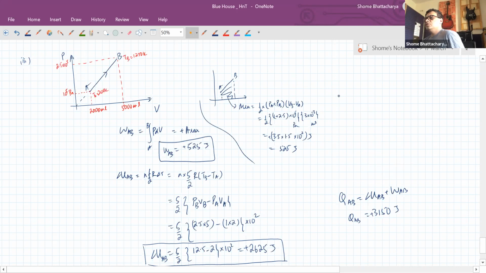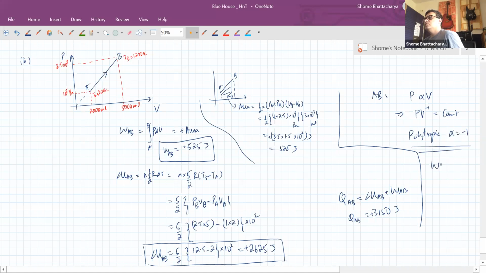Okay, now there is also one more trick that we can use here, that for the process AB, you can see pressure is directly proportional to volume. So PV to the power -1 is constant. It's a polytropic process with alpha equal to -1. So you can also use this. It is nR delta T divided by 1 minus (-1). So work done is PBVB minus PAVA divided by 2.